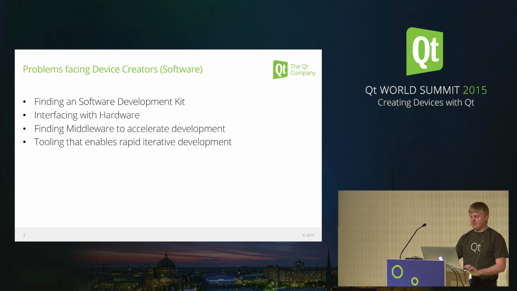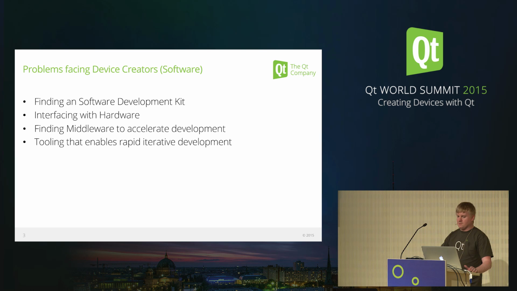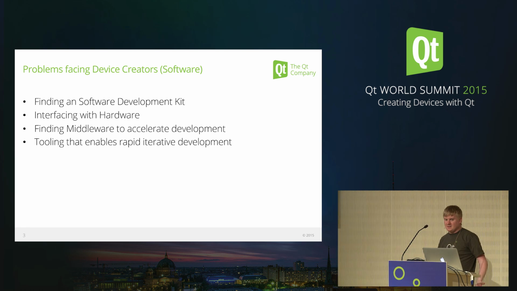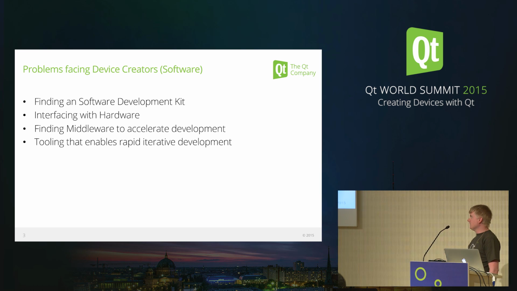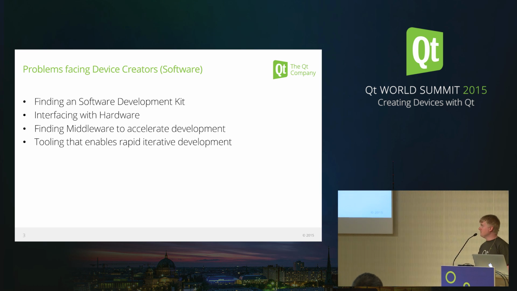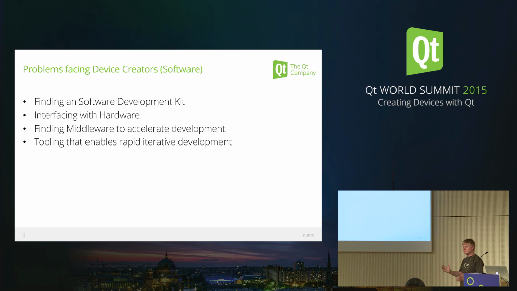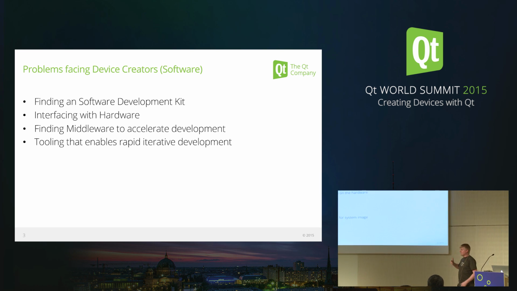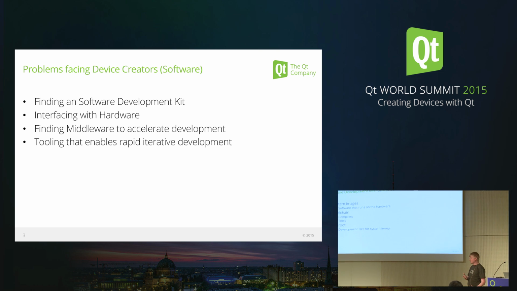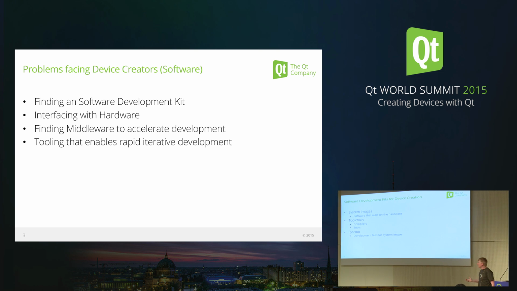So just to dive right in, the software development kits for device creation. SDKs, or software development kits, generally consist of 3 big things. First off, one is the system image that you're going to run on the hardware. So if you have a given device, you need a kernel and some user space, and something to boot it into.